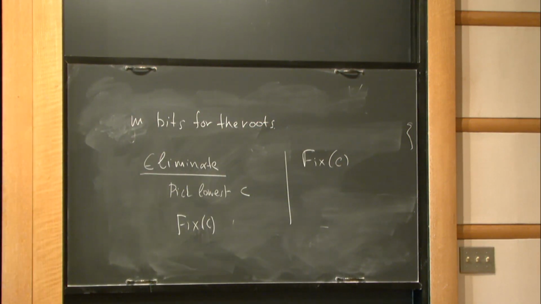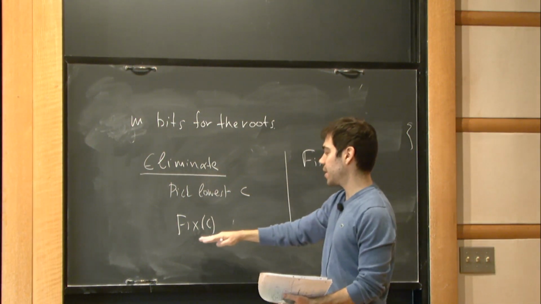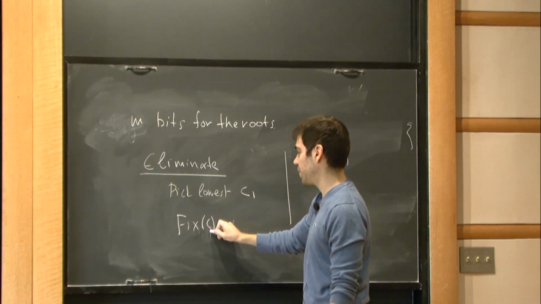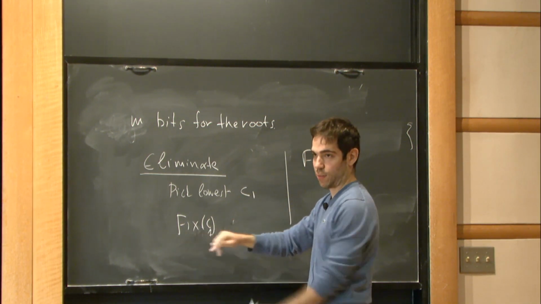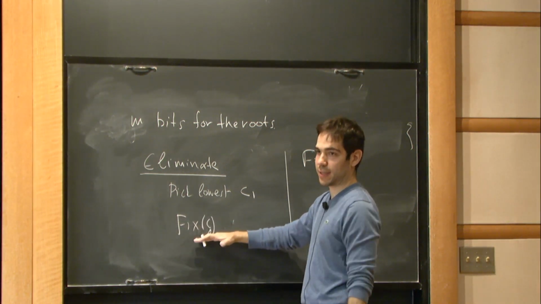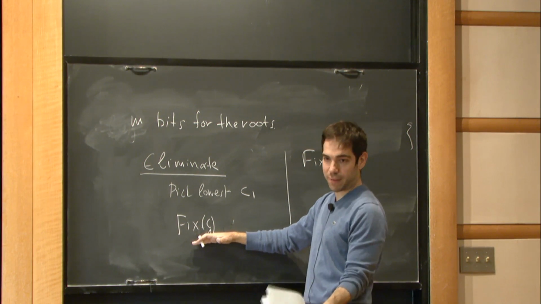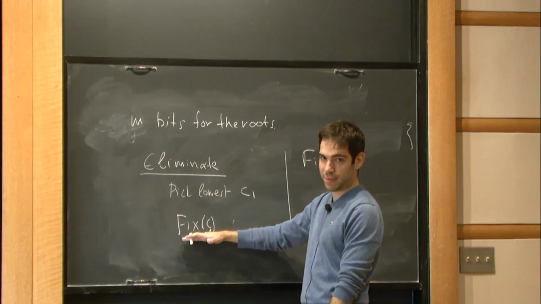Why can't we have 2 invocations with the same clause? Let's say the first clause was C1, so we fix C1. When this returns, what do we know about C1? It has to be satisfied, otherwise it would not escape this loop.